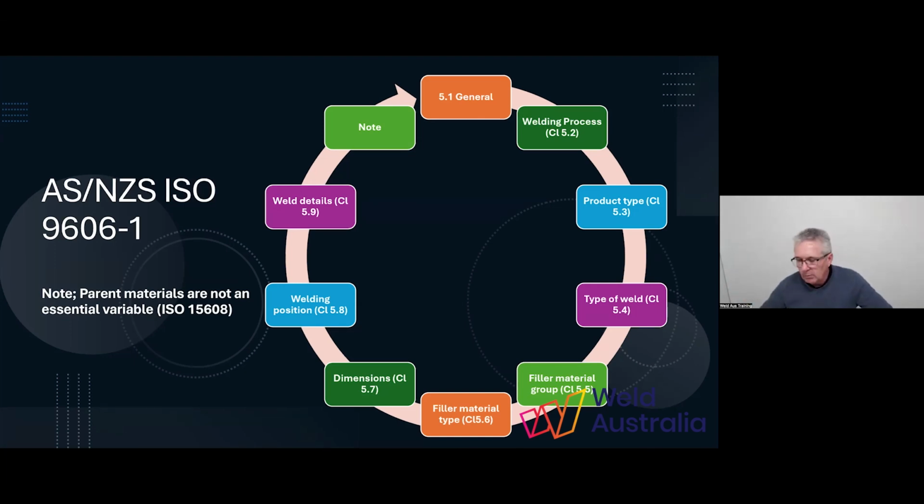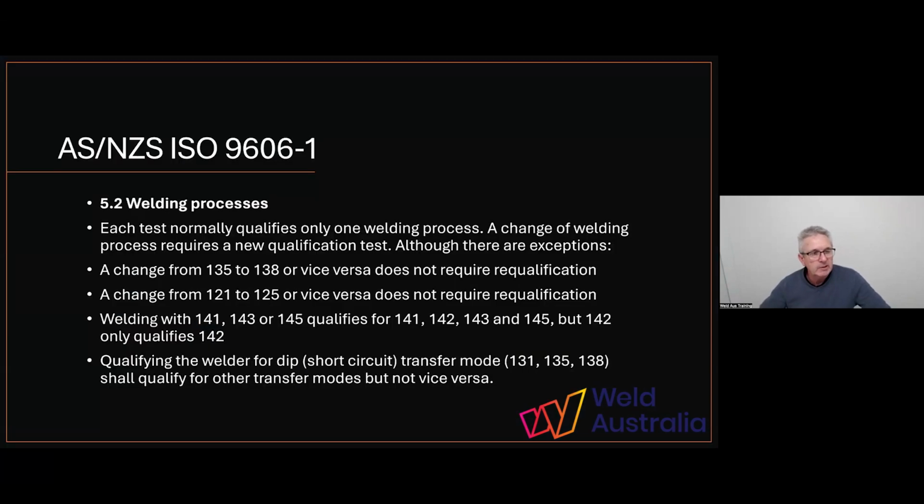So naturally, when we're looking at the welding process, it'll be ISO 9606-1 and then the process. Each test normally qualifies only one welding process, right? A change of welding process requires a new qualification test, although there are exceptions. So a change from 135 to 138 or vice versa does not require requalification.